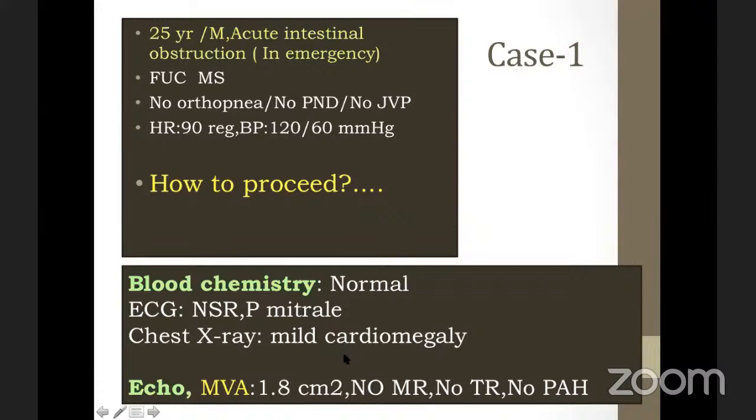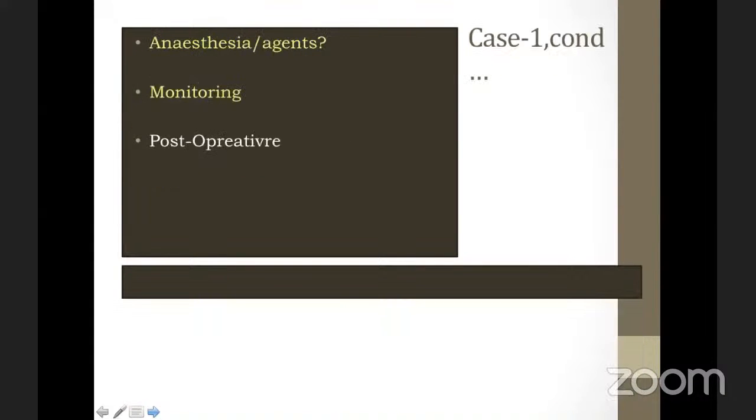X-ray chest shows mild cardiomegaly. On echo, you can see the mitral valve area is 1.8 centimeters squared. There is no MR, no TR, and no evidence of pulmonary artery hypertension. So in this case, what is the anesthetic agent of choice? Obviously, because it's an intestinal obstruction, you have to go for a GA, and you can go for all the monitoring.